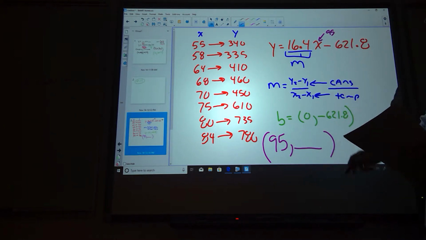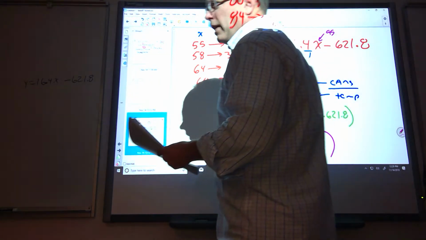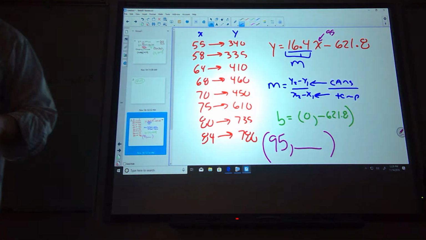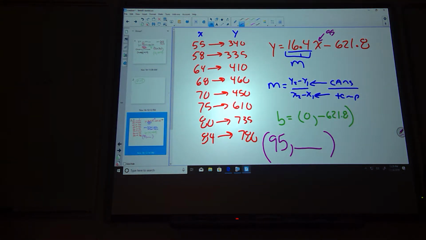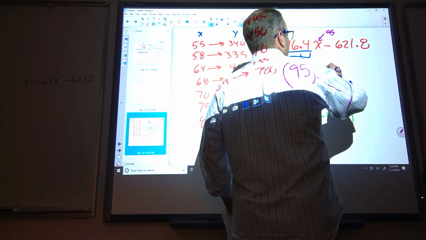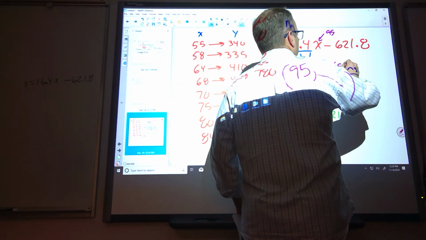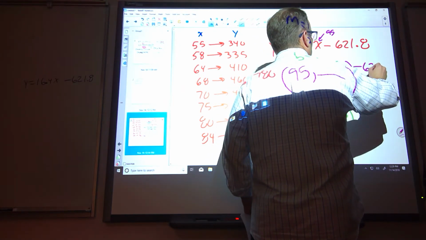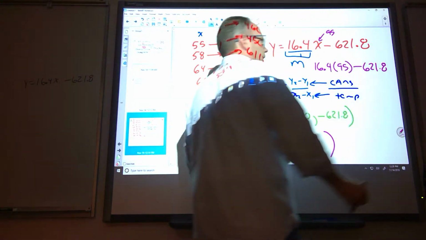So I'm going to get 16.4. I think you can do this for me on your calculator. Go 16.4 times 95, subtract 621.8. That's all you have to do on your calculator.